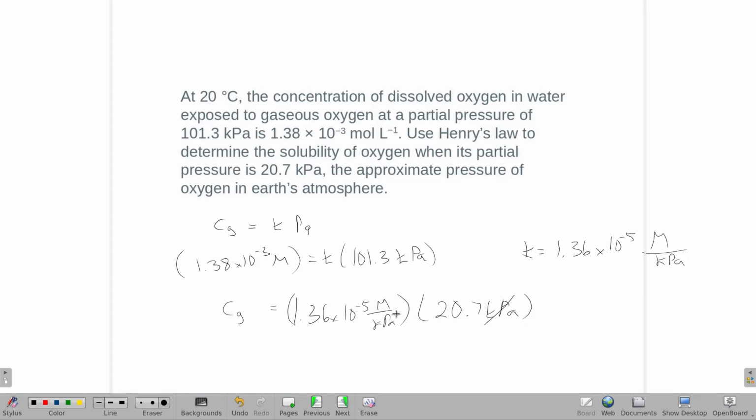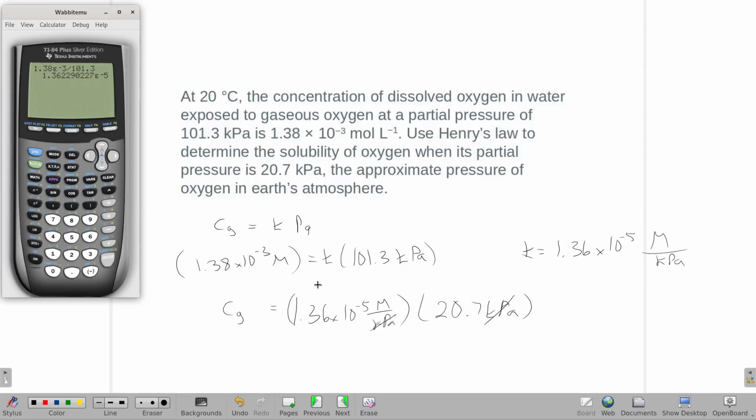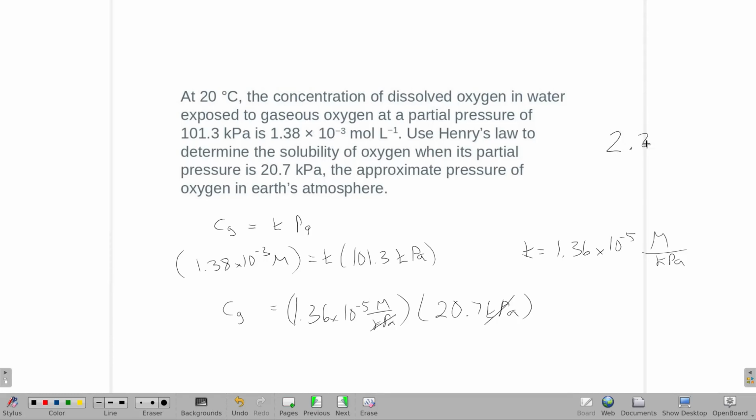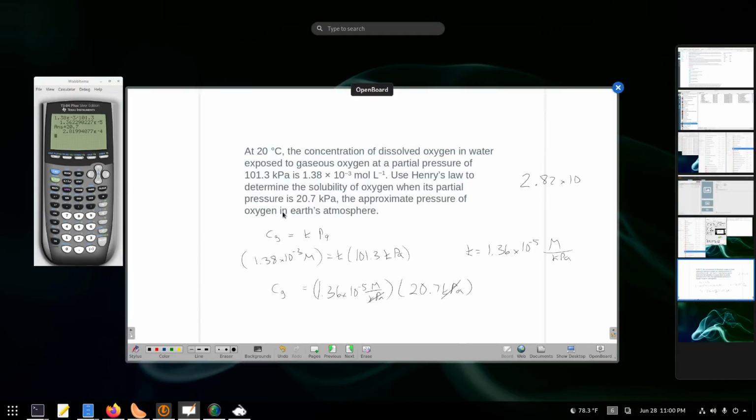And this will work because the kilopascals cancel out, and I don't need to do anything on my calculator except say times 20.7, the new pressure. And I get that that concentration is 2.82 times 10 to the negative fifth. I said negative fifth, that was negative fourth, wasn't it? Negative fourth.